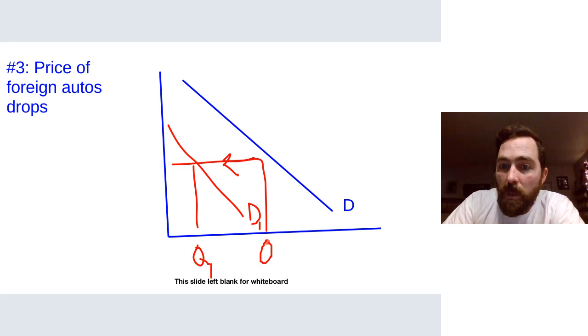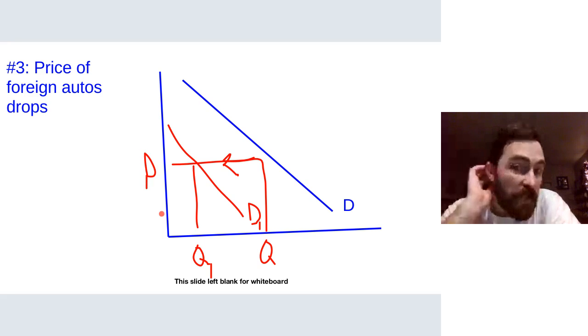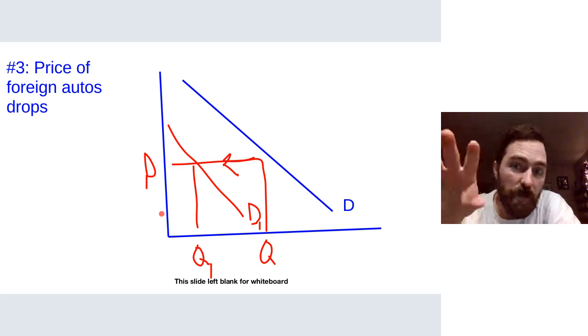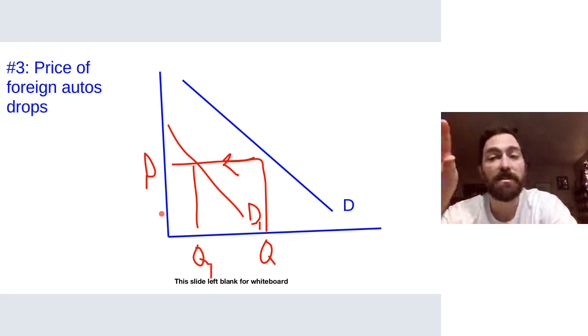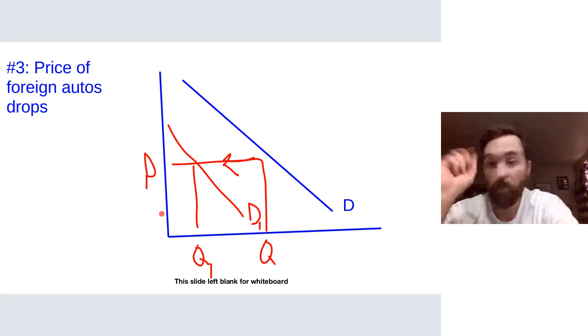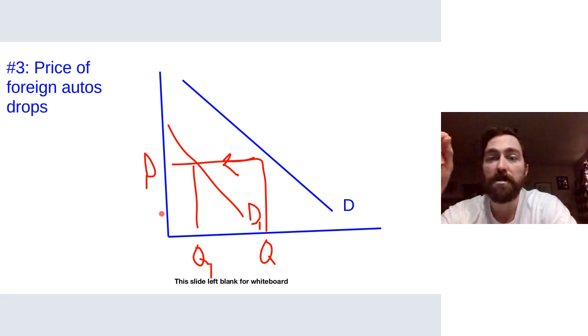They can still keep the price the same, although I would probably cut the price to try to compete with the foreign automobiles. This was very commonplace in the 1970s and 1980s when Japanese firms like Toyota emerged, found new cost-effective ways to make cars, and really challenged American supremacy in the automobile market. So this is a real-life example.